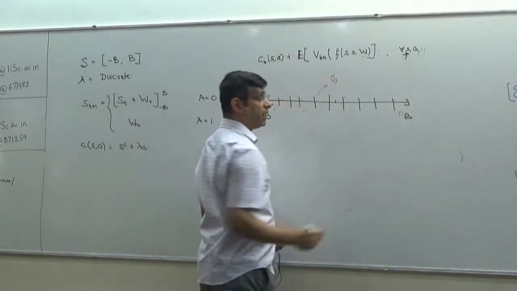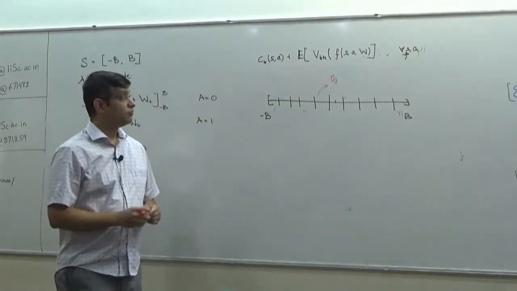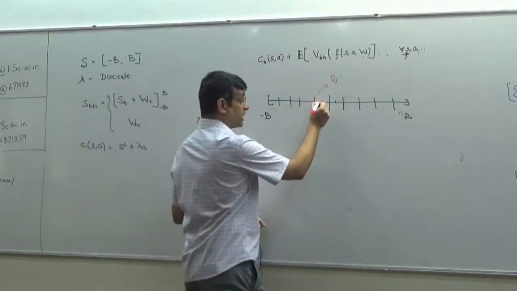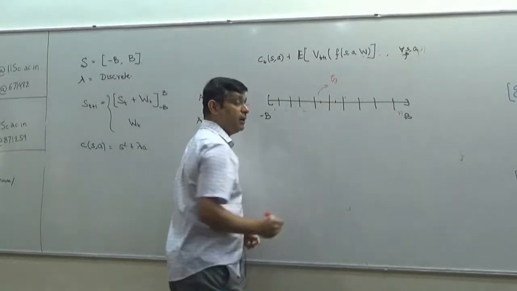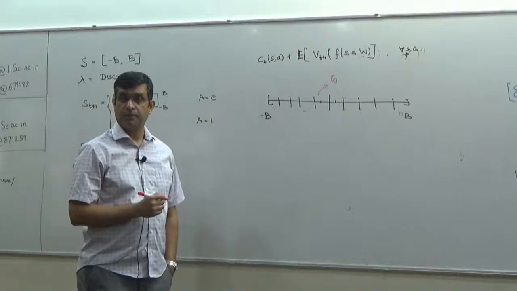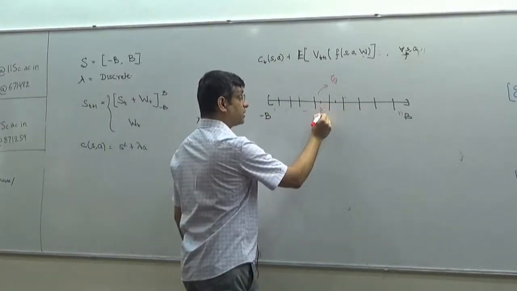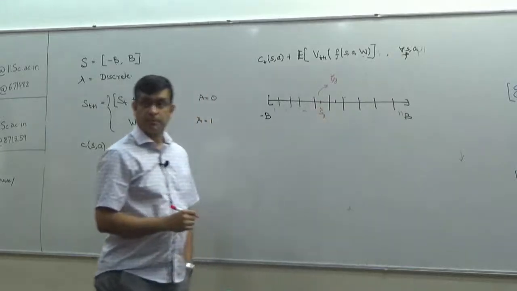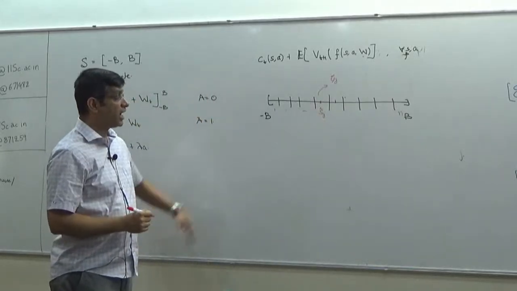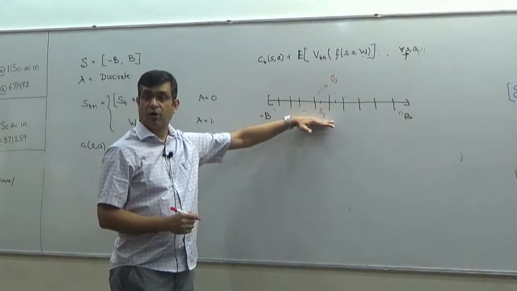I make n grid cells here. For any grid cell, in discretization, the simplest way is I will pick a representative element. I will call this representative element S hat j. And now there are a discrete number of points.